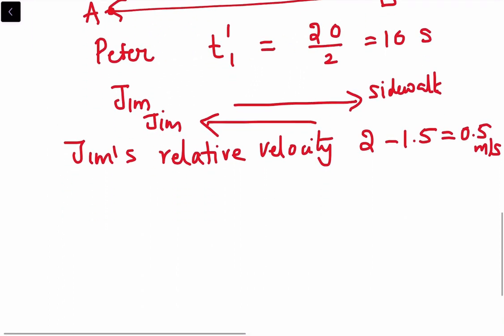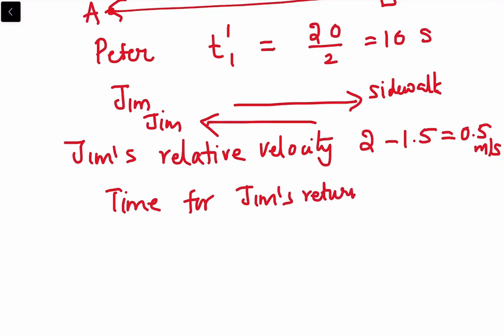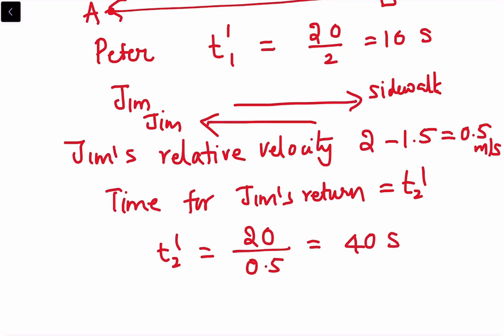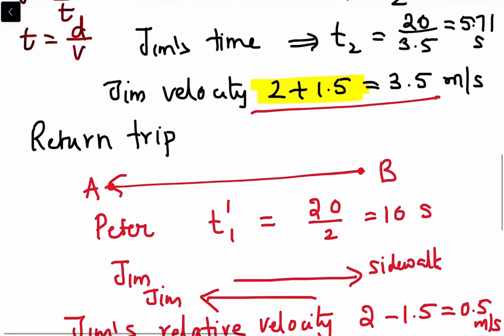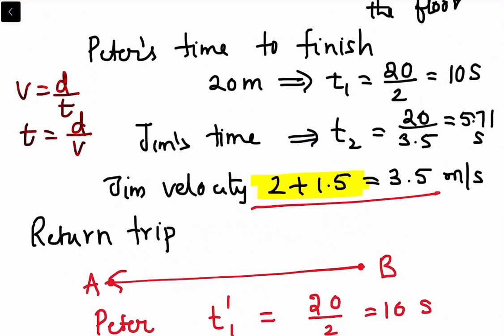And the next thing is time for Jim's return. That is T2 dash. T2 dash is equal to distance upon velocity, that comes around 40 seconds. Now we have the total time for both of them. You can see here Jim's time and Peter's time we have already calculated when they were going.